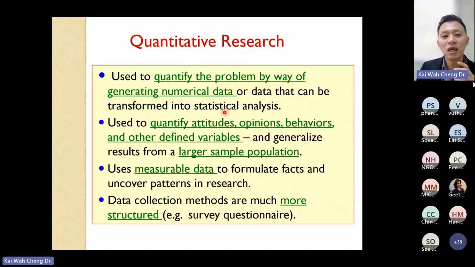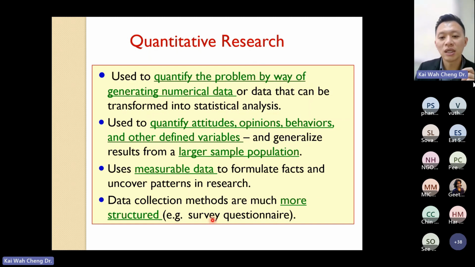That is one example for quantitative research. When you conduct a quantitative research, you need to make sure the variable is measurable. If you have measurable research data, that is a quantitative research.